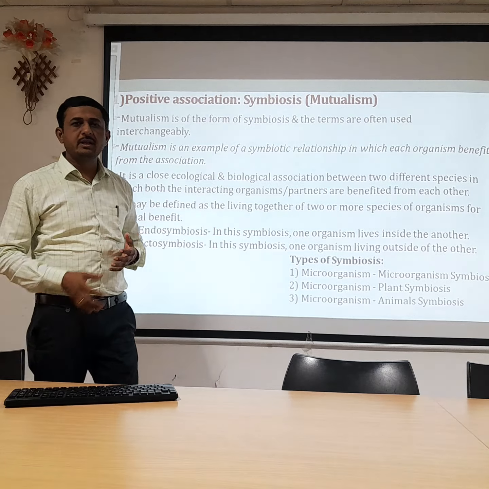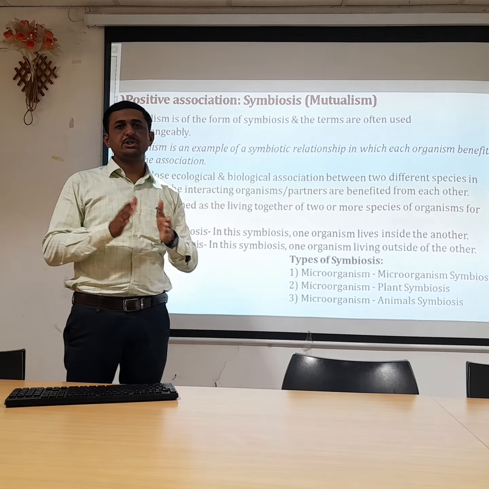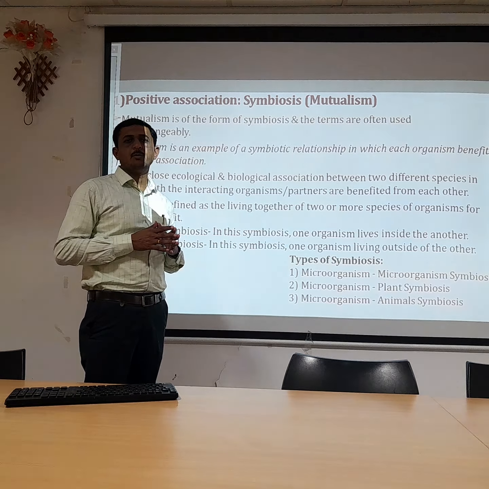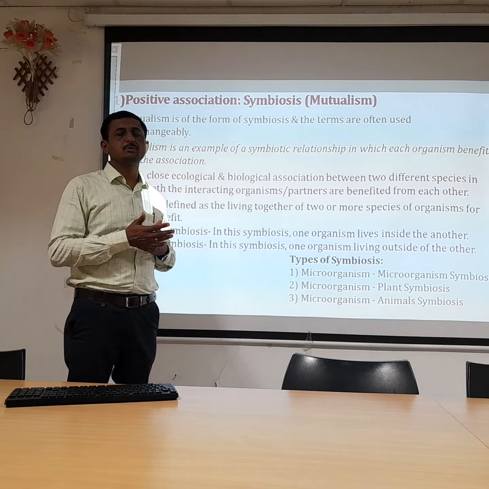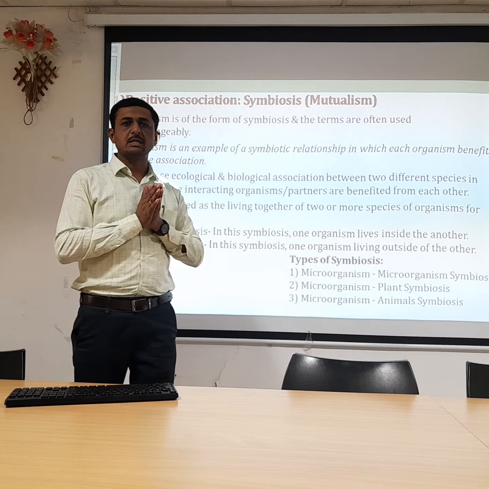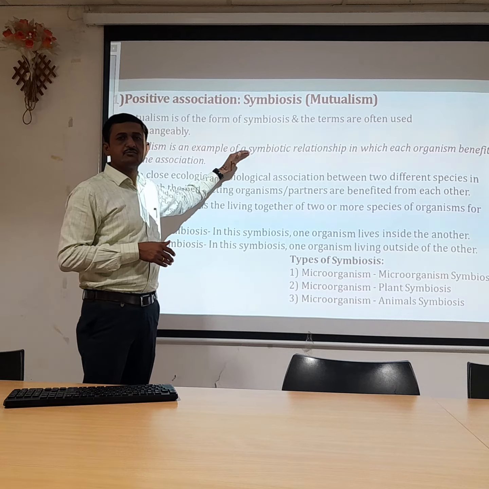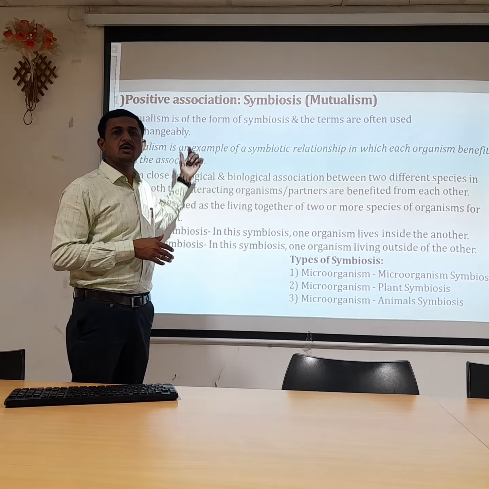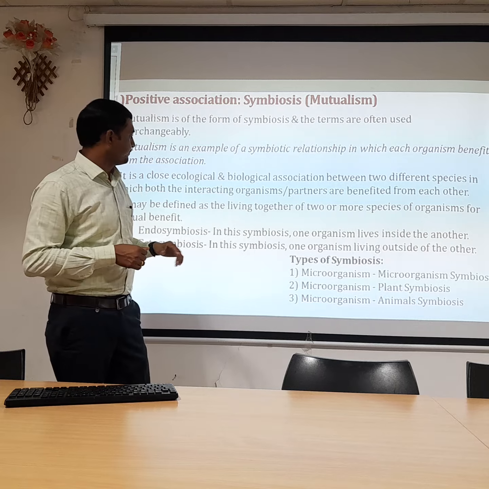While talking about interactions, we normally say positive, negative and neutral type of association. Positive association means both of the individuals having an association with one another get benefits from it, and we call that a mutualistic association.